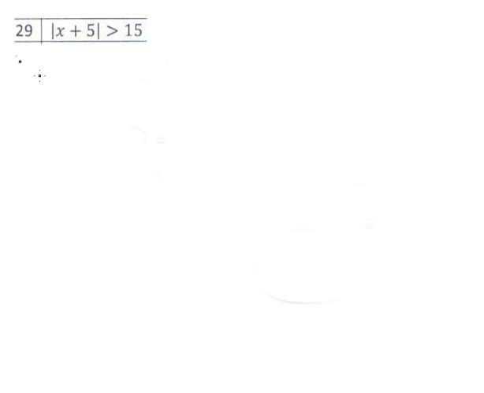So we have either x plus 5 is greater than 15, or x plus 5 is less than minus 15. So again, when we have the absolute value of an expression greater than a number, we get two separate inequalities, either greater than that number or less than the negative of that number.